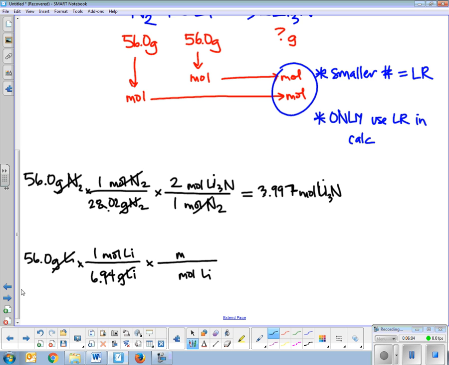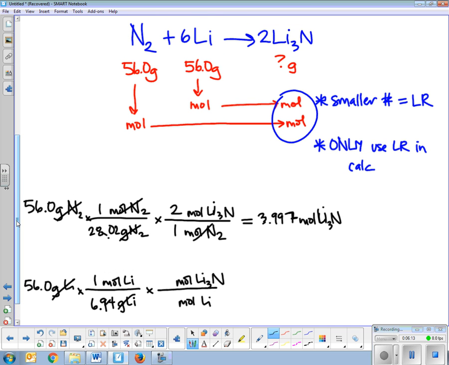We can go to moles of lithium nitride. So these coefficients, if I go back up, okay, 2 for lithium nitride and 6 for lithium. Okay, so I type this one in my calculator: 56 divided by 6.94 times 2 divided by 6. This one gives me, again, an extra sig dig, 2.690.